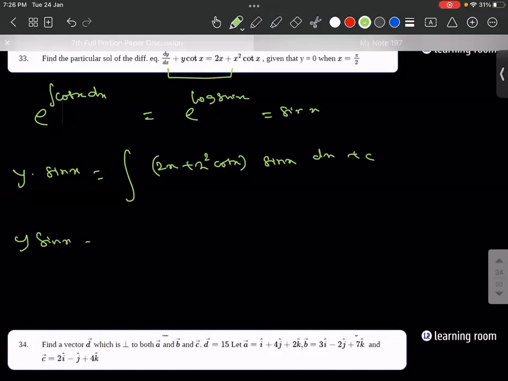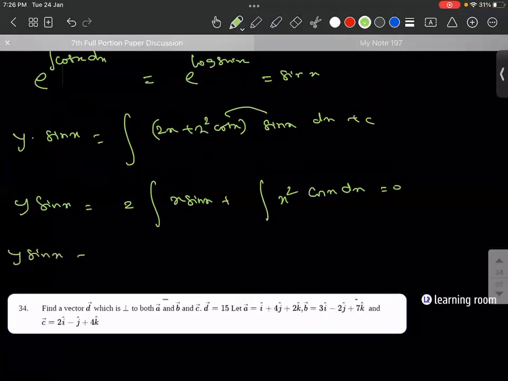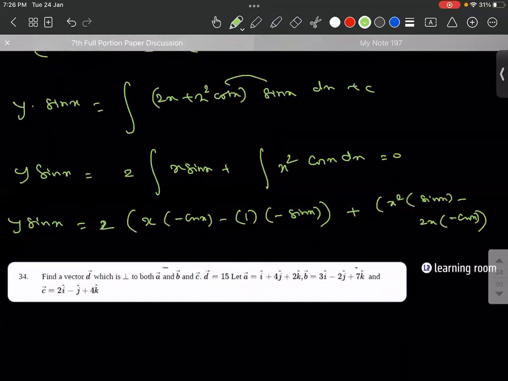So y into sin x is equal to 2 into integral of x sin x plus integral of x square into cot x into sin x is going to be cos x dx. So y into sin x will be equal to 2 into, when you apply the by parts and do it, you will get algebraic into minus cos x minus 1 into minus sin x plus x square into sin x minus 2x into minus cos x. So this should be the answer.